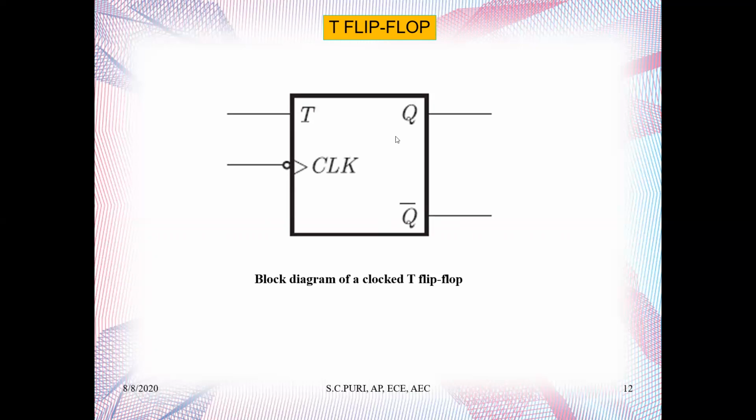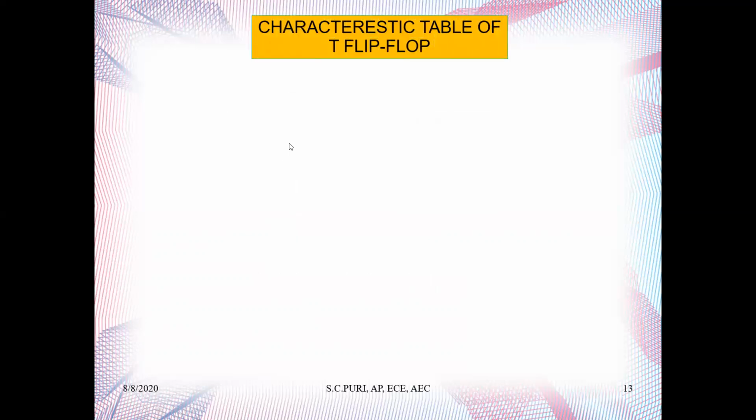We want this flip-flop to have only one behavior, and that is toggling. That is the purpose of this flip-flop. How are we going to do that? It's very simple. Take a JK flip-flop, short J and K, and take one input T. We will discuss the characteristic table.